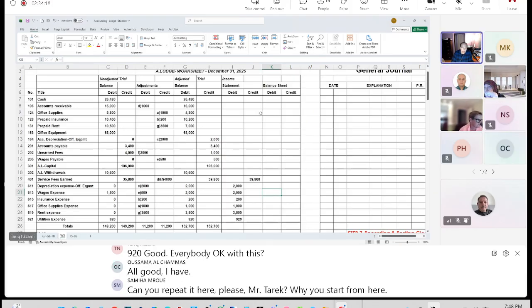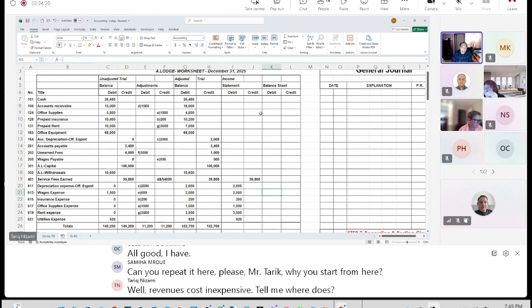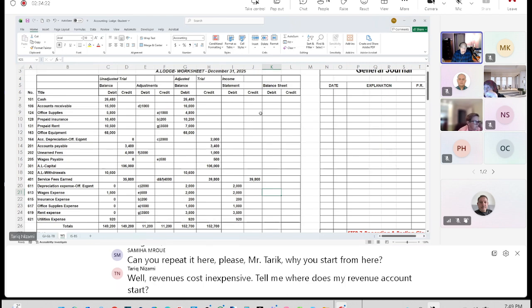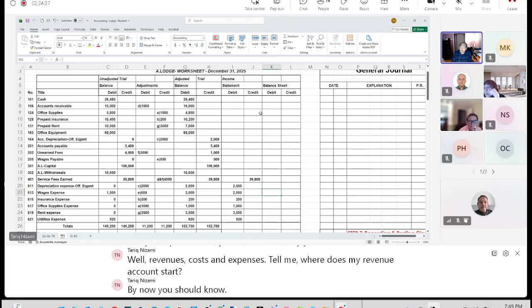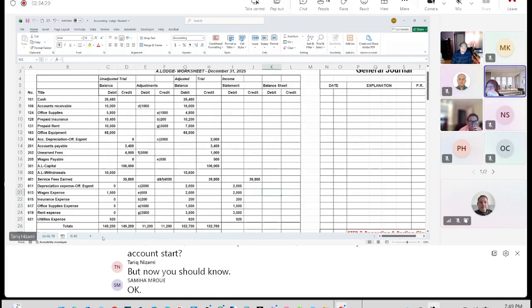Revenues, costs, and expenses. Tell me, where does my revenue account start? By now you should know. Look what I did for you.